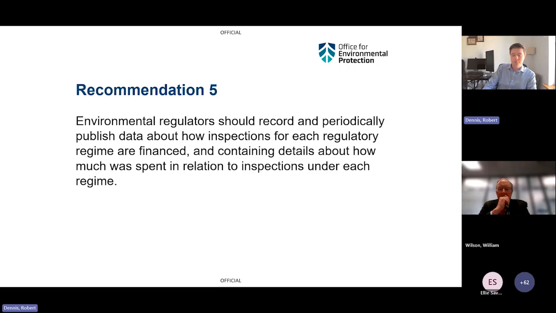And that certainly wasn't because we felt that regulators weren't being open about it. It was often just that the information wasn't collected, or it wasn't collected in a way that would make it something that could be presented and analysed. So essentially, this recommendation, again, is a relatively simple one. We are trying to encourage greater transparency on what's going on with the finances here.